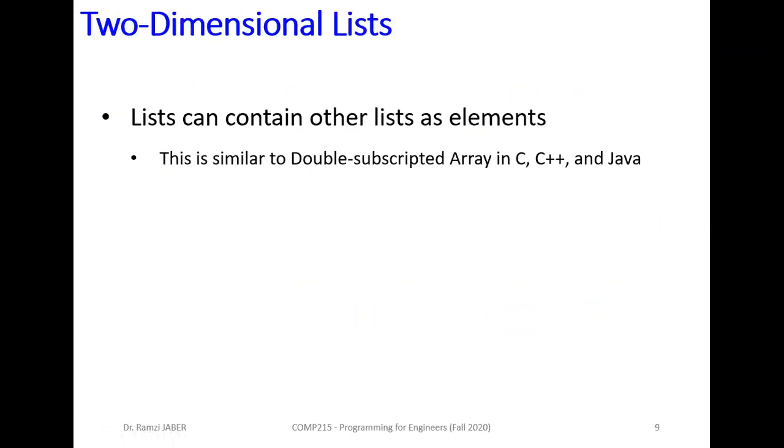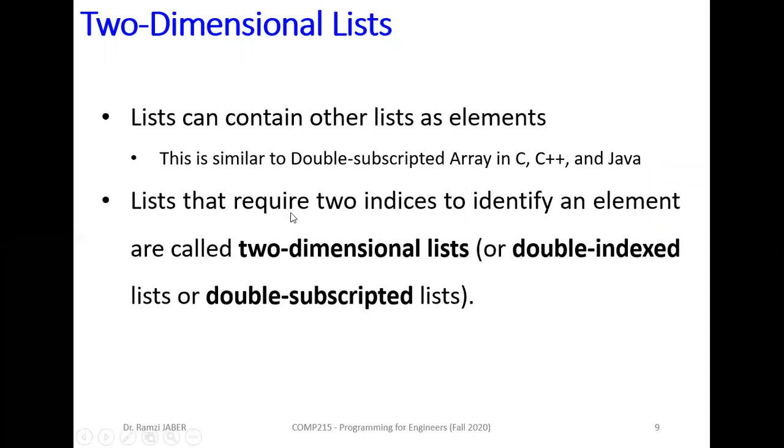Now we'll do two-dimensional lists. A list can contain other lists as elements, a list inside a list. This is similar to a double subscripted array in C, C++, and Java.